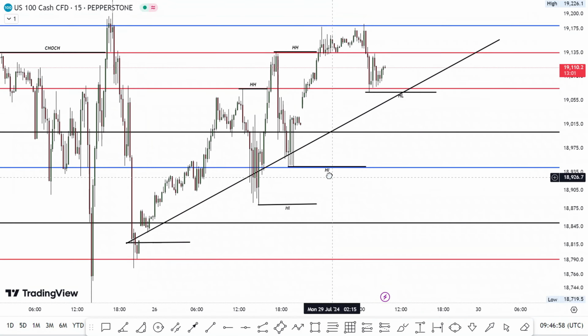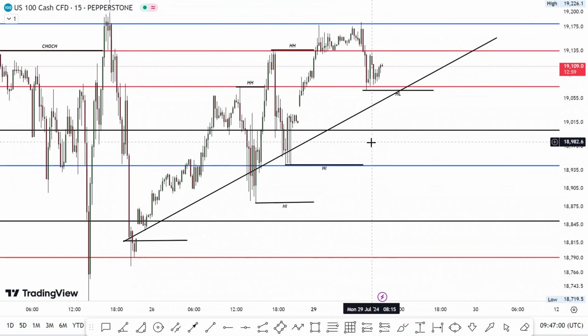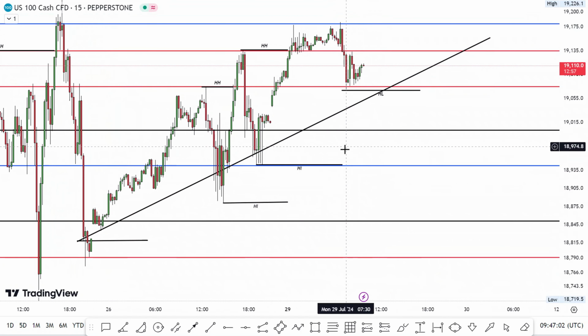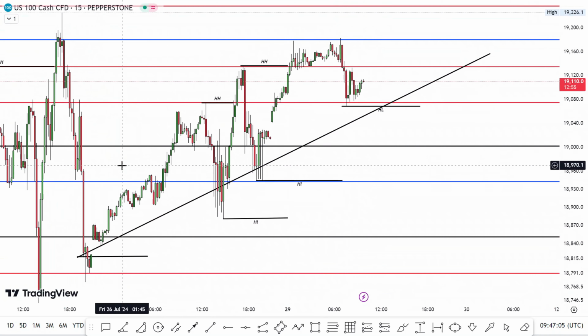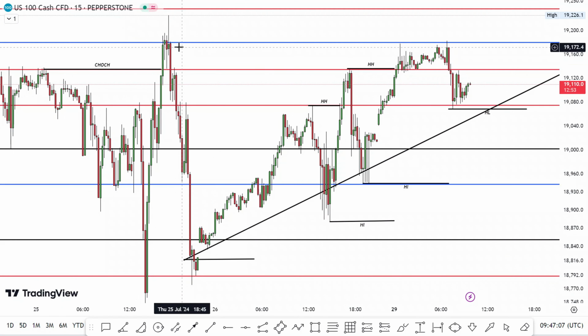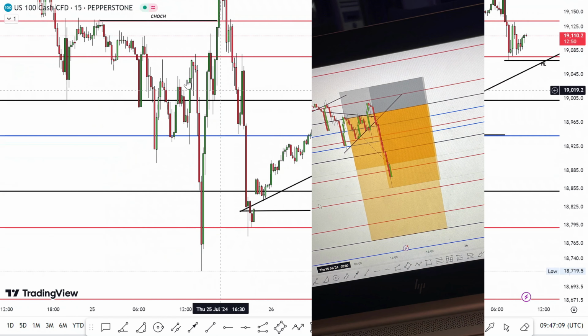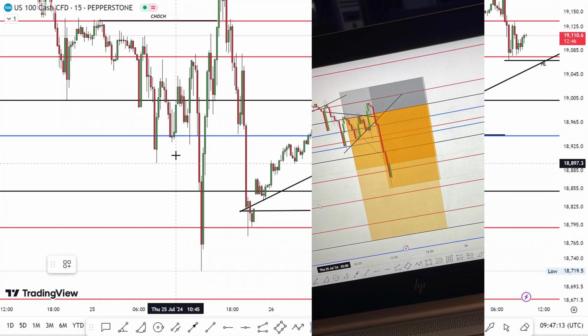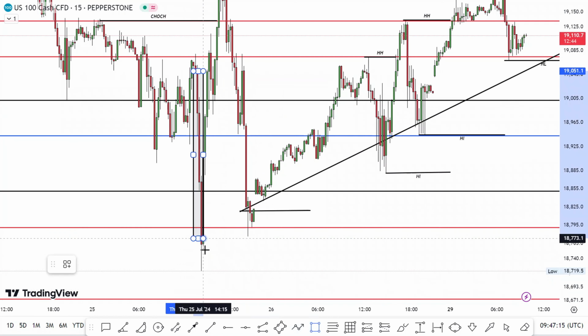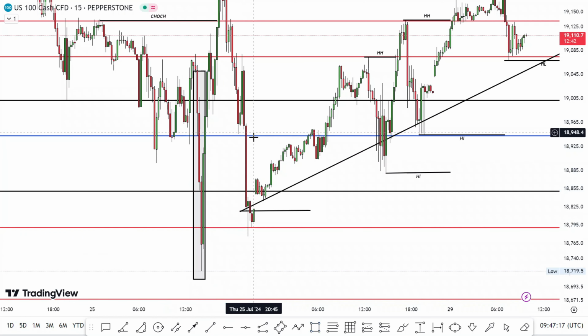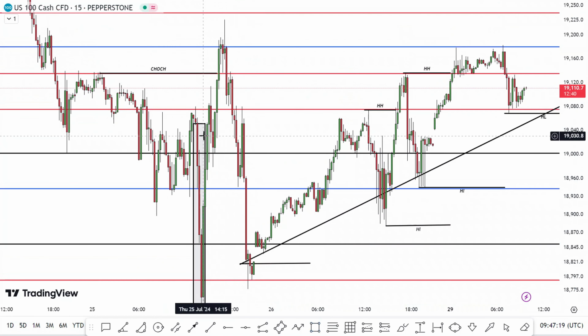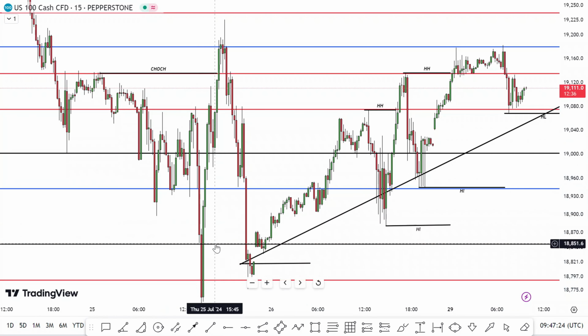So with this, what I'm expecting the market to do right now, because last week I think I caught this sell here. I caught this sell to this particular point before it then reversed up, and the market was at break even.